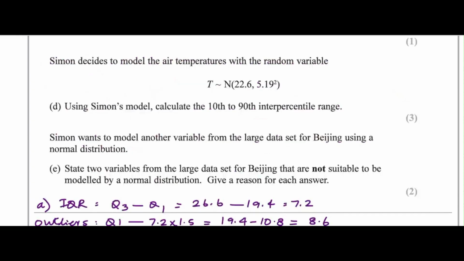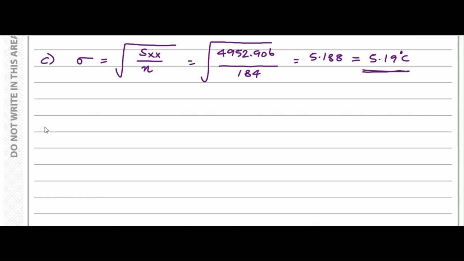Part D. Simon decides to model the air temperatures with the random variable T follows normal distribution 22.6, 5.19 squared. Using Simon's model, calculate the 10th to 90th interpercentile range. So air temperatures follow normal distribution with 22.6 as mu and 5.19 squared as variance.